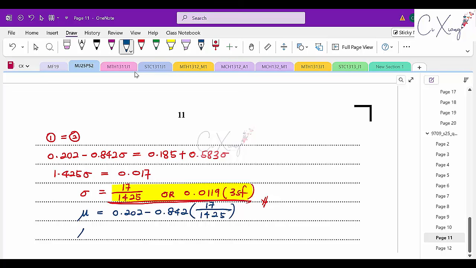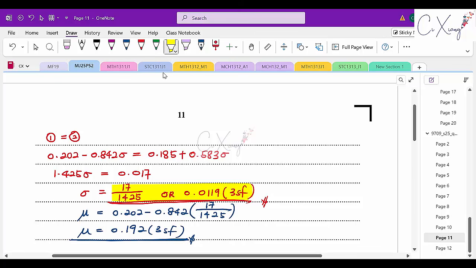Then your mu, you also will get a long value, but you can cut it short into 3 significant figures as well. And the answer should be 0.192. Okay, so this is what we have for part B.